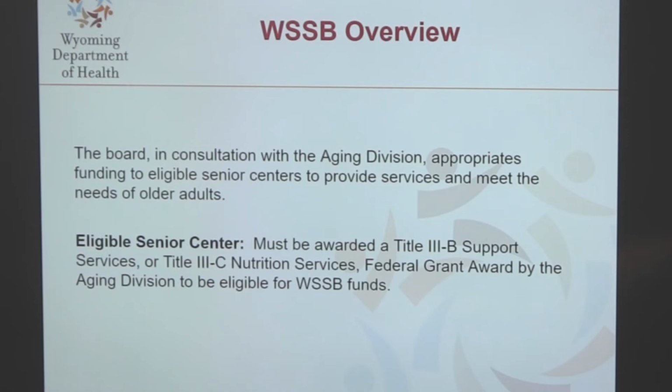And one key thing that I would focus in on is what makes a senior center eligible to receive funds from the WSSB. So here we have the definition pulled straight from legislation. An eligible senior center must be awarded a Title IIIB support services or a Title IIIC nutrition services grant award under the Older Americans Act.